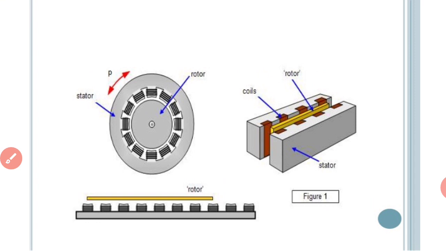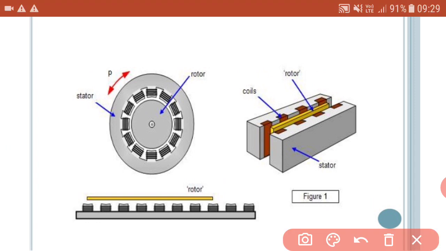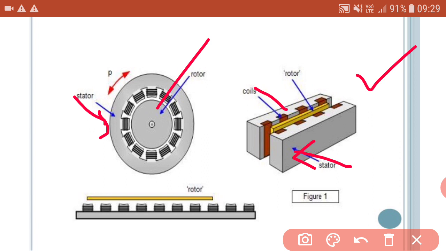Here also we can see that in the center there is a rotor, and this one is the stator. From this we can make this type of arrangement. This one is the stator, and inside the stator there are coils, and in the center there is a rotor.